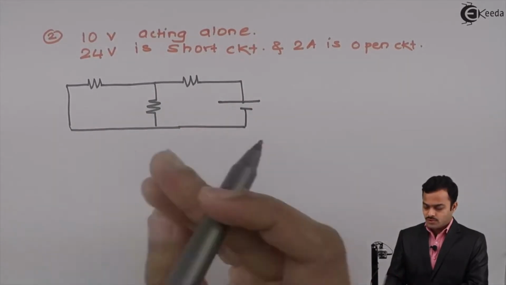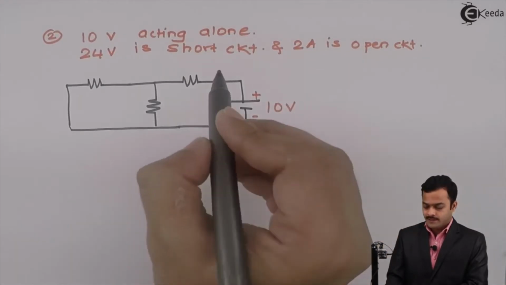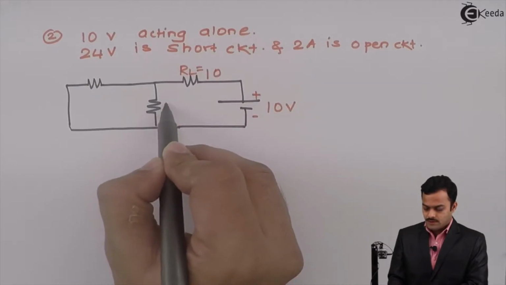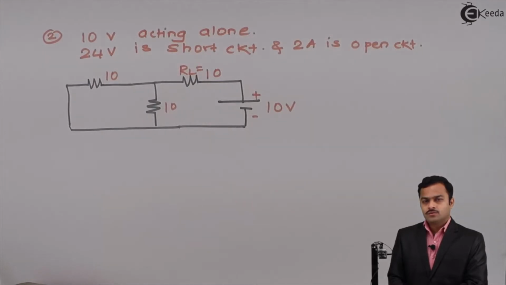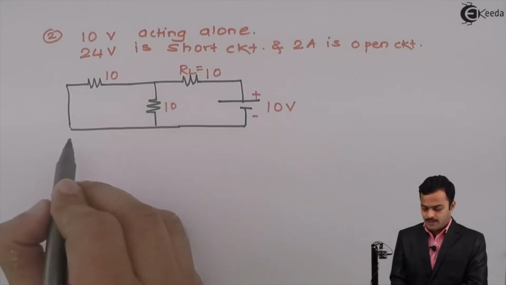Where only one source is present, that is 10 volt, and remaining resistances, that is 10 ohm, which is our RL, and remaining resistances are 10, and this is also 10 ohm. So whatever technique we have used earlier, same we can use over here. So these 10 ohm are in parallel.